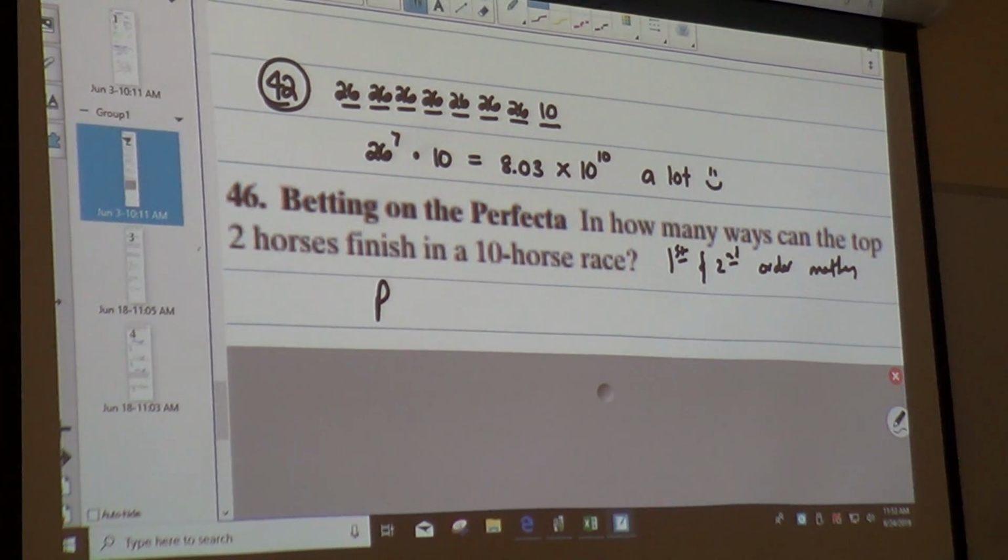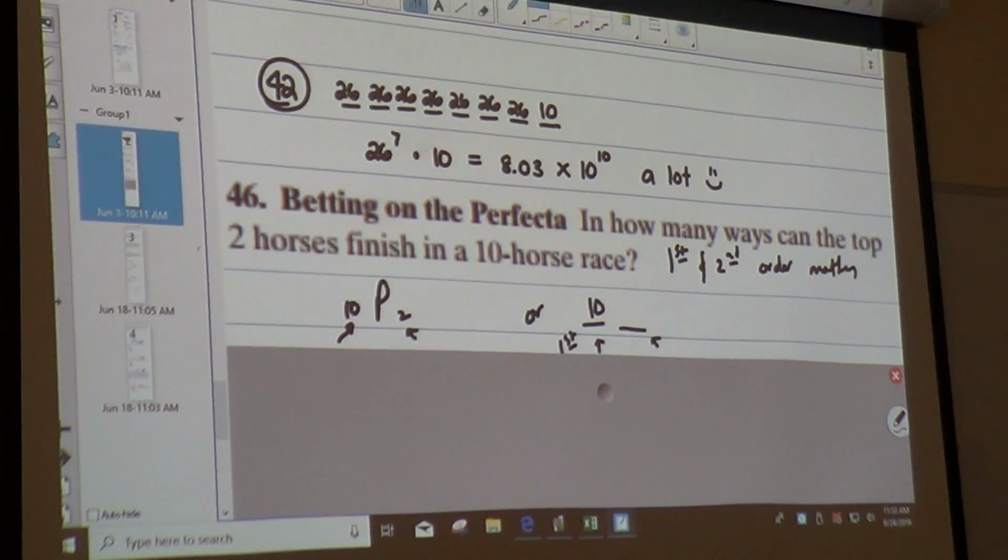So it's a permutation of how many taken how many at a time. 2 out of 10. The first number is going to be your total, 10, and the second is how many you're choosing, 2. Now, if it's a permutation, you can always do blanks. How many choices do you have for first place? 10.